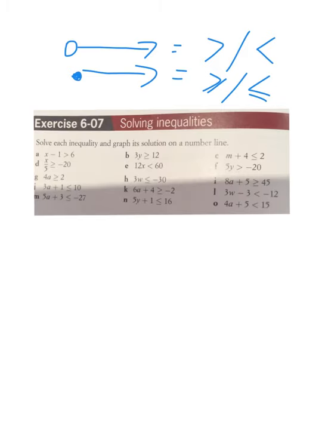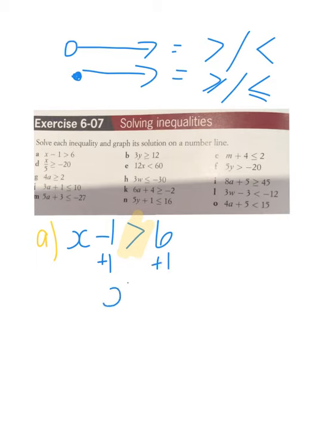Okay, we are going to go through questions A, B, and C here. All right. So A, X minus 1 is greater than 6. Now we're just going to pretend that this part here is just like an equal sign. Okay, so we're going to plus 1 to both sides.